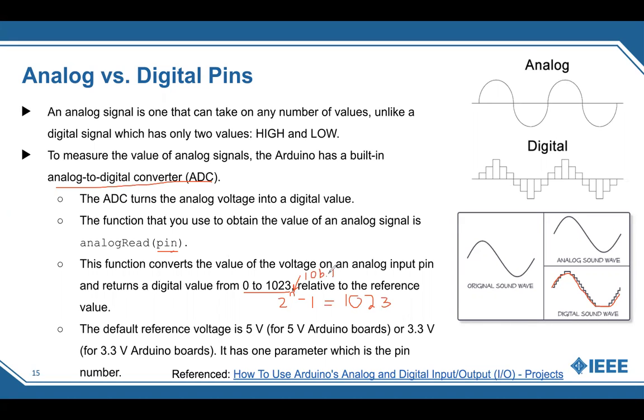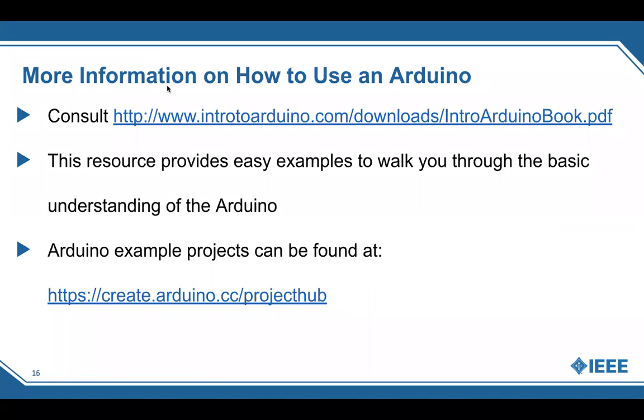Now we know that the default reference value is 5 volts for the Arduino, and it also has 3.3 volts as an output. You'll see on the Arduino, it can supply both outputs, a 5-volt pin and a 3.3 volt pin.